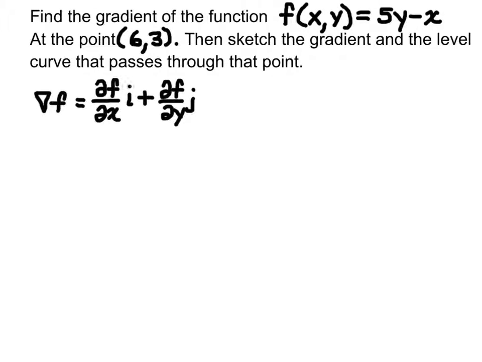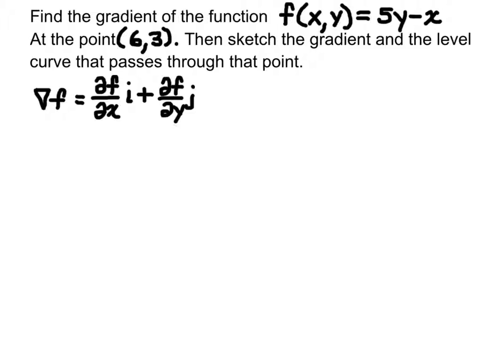So what we need to do is find the partial derivative of f with respect to x. In this case, when we look at 5y minus x, the derivative with respect to x is negative 1. So this is negative 1.